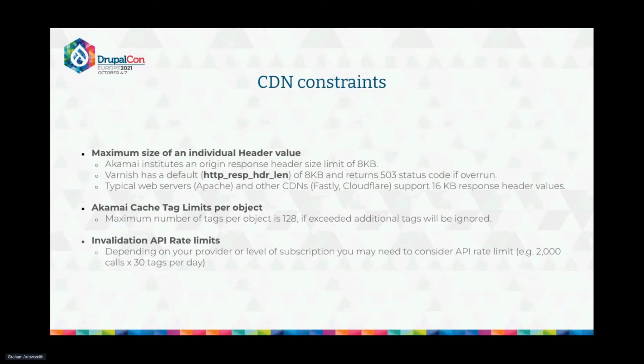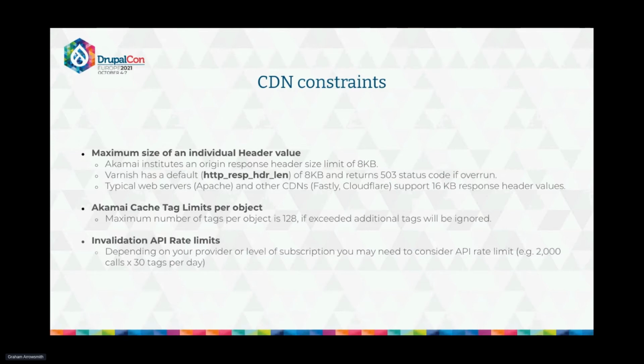Also, Akamai has a limit per object, and the maximum number of tags you can associate with an object is 128. If you exceed it, the additional tags will be ignored. So that was the first challenge that we needed to deal with. And then the third consideration is the API rate limit. Your provider might have some restrictions.